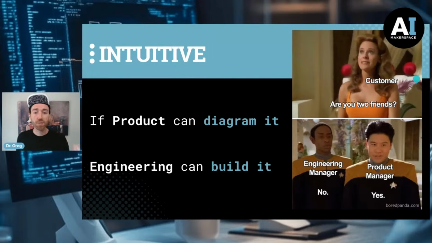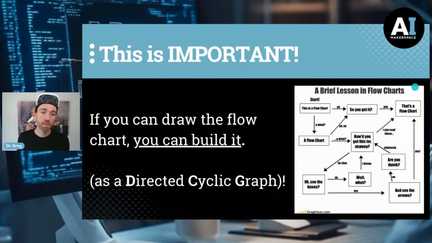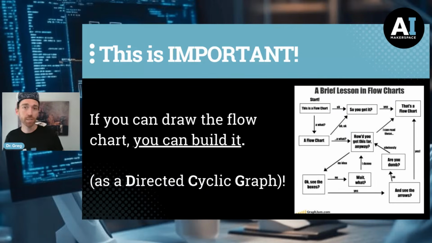This idea that if you can draw the flow, you can build the flow is really cool, and one of the key features that makes LangGraph very powerful. We're not using a DAG, a directed acyclic graph, but rather a cyclic graph, a directed cyclic graph, if you will, a DCAG, if you'd like.